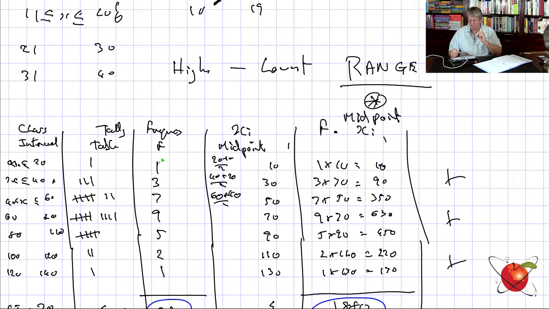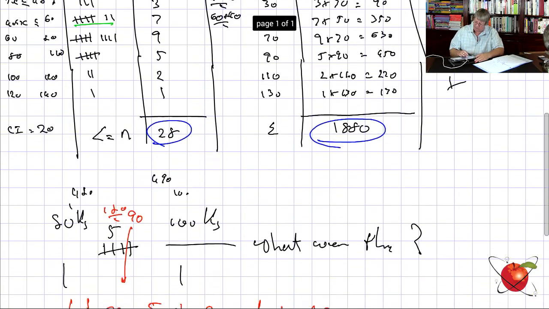Just think about it again. In the block of 0 to 20, there's 1 person. How many people are standing in the next block? There's 3 people, right? There's 7 people in the next block, there they are. So we get something called a cumulative frequency.